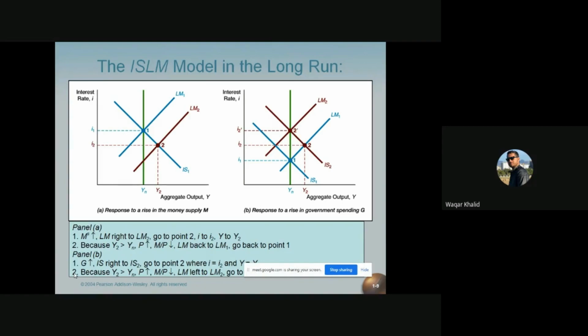So prices will rise. But when output is below the natural rate level of output, for example, if here we have Y1, it means that the actual level of output is below the natural level of output.